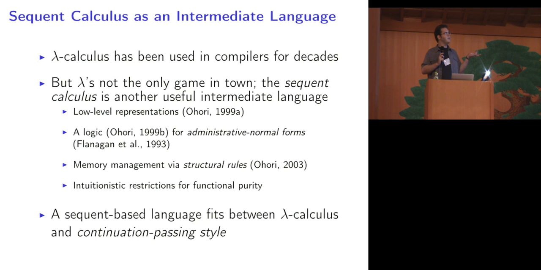This has also been explored previously by Ohori in showing that the sequent calculus can be used as a logical foundation and a way of describing some important low-level aspects of compiling. And so we're going to look at our take on this situation and where it fits in between the uses of lambda calculus that we have already in our existing tools.